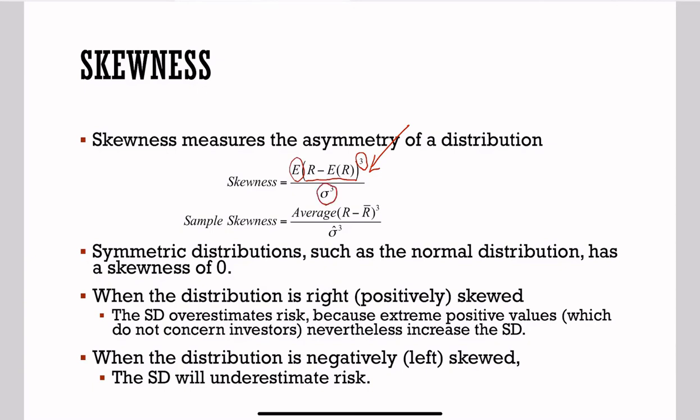And then if you have some realized returns, that is, some actual returns calculated from historical data, then in this case you would just use the average deviation. Again, you have to use the exponent 3, divided by the sample standard deviation, again with exponent 3.